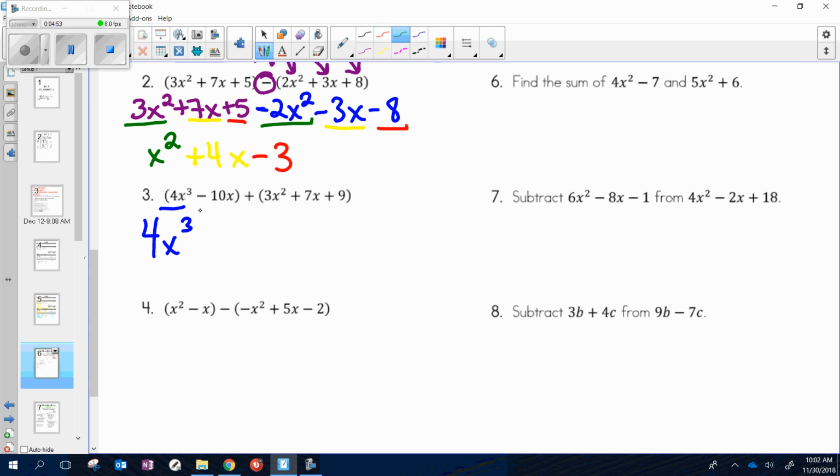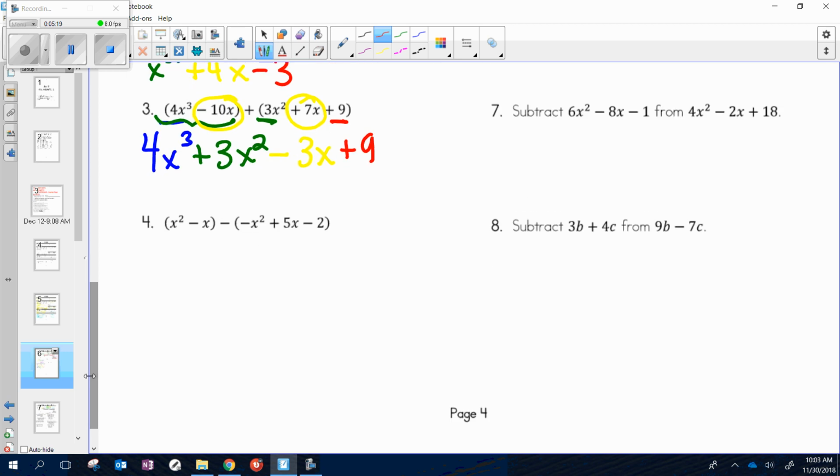Do I have an x squared in this first polynomial? Nope. This is the only x squared I see, so I'm just going to do plus 3x squared. What I do see that's like is this minus 10x and this plus 7x. That would leave us with a minus 3x, and I don't have any other constants, so this 9 is going to stay by itself for a plus 9.